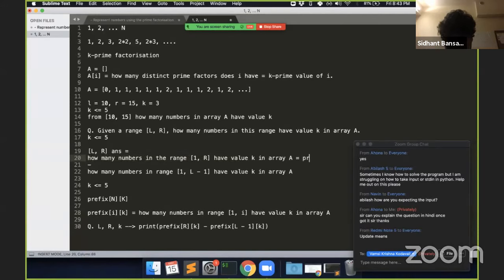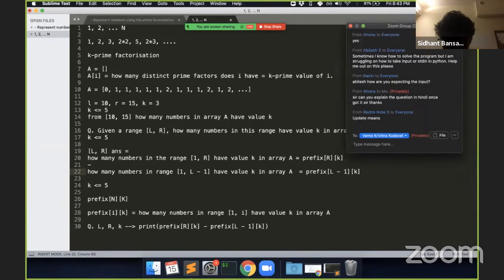This thing is equal to prefix[R][k], and this thing is equal to prefix[L-1][k], and I'm just subtracting these two.